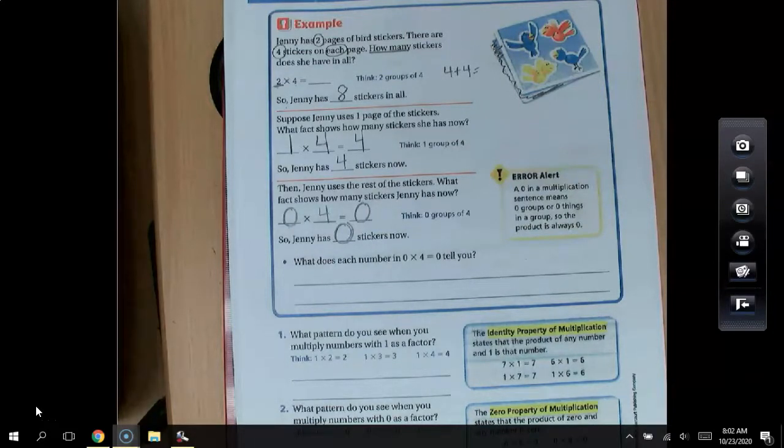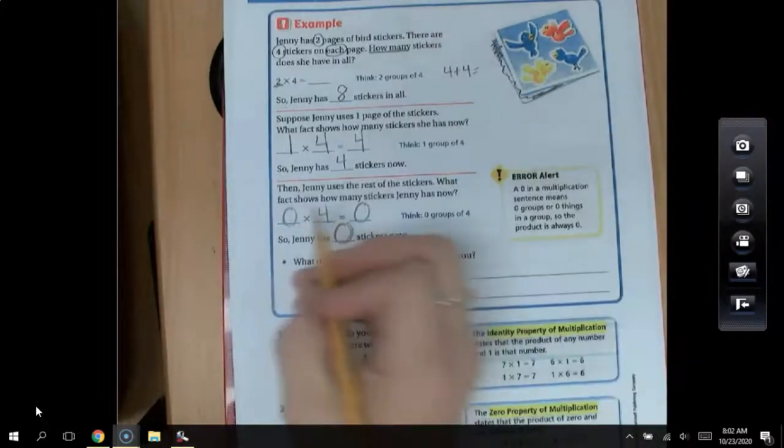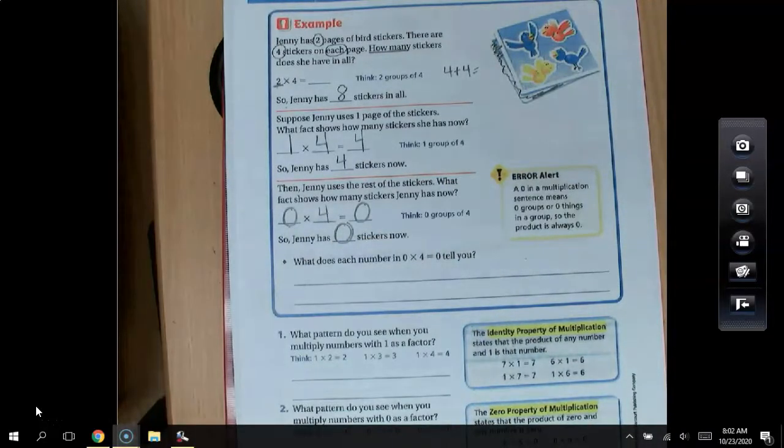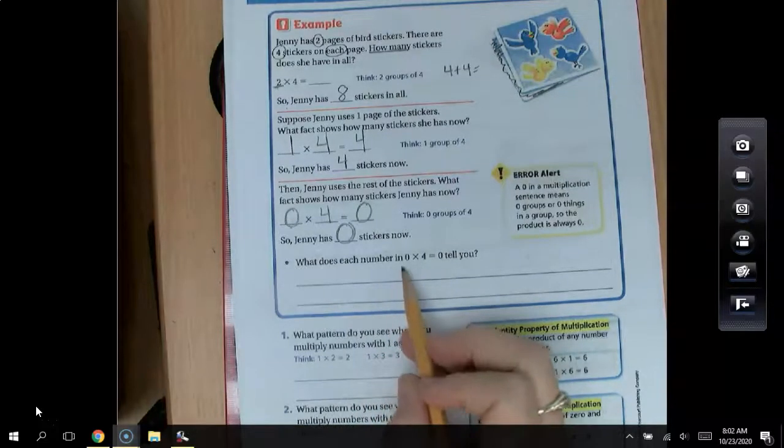So what does each number in 0 times 4 equals 0 tell you? Well, it tells me that the factor 0, right here, tells me that there are no pages of stickers. We're just going to talk about it, so don't worry about writing anything down. She used those pages.